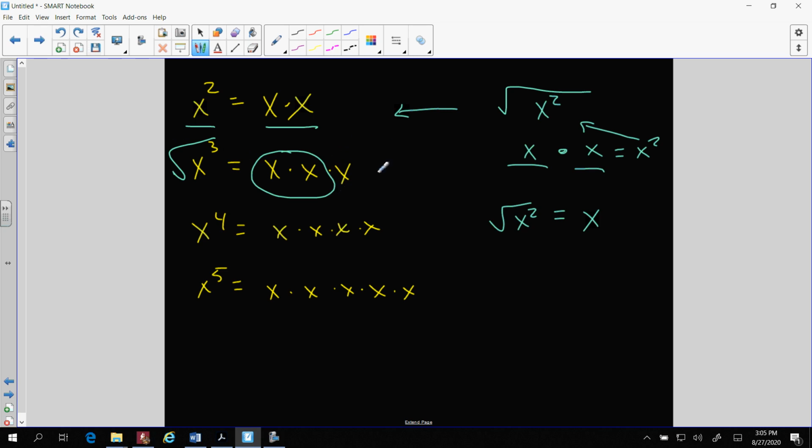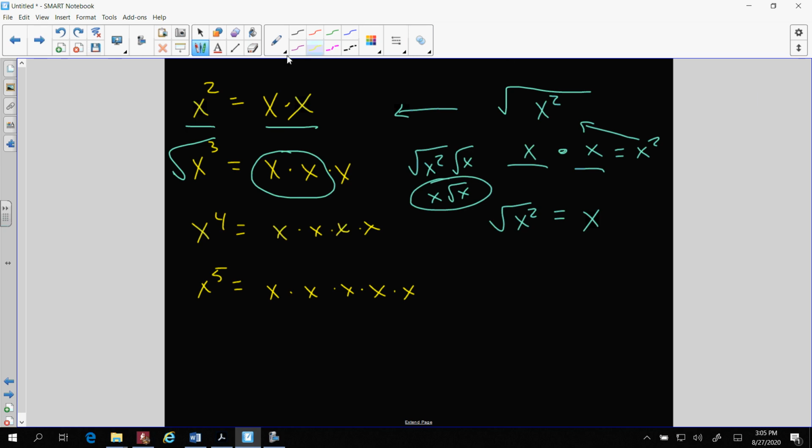And so the square root of x cubed means that I can take the square root, but it still has to be multiplied to x. The paired factors go together. X squared is x. Boom.